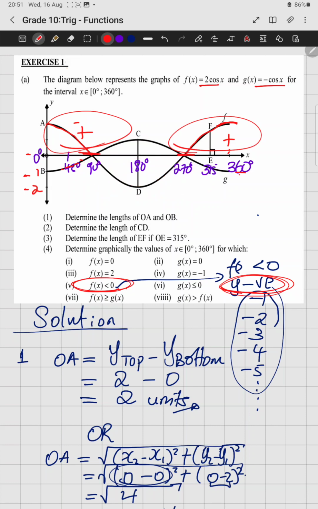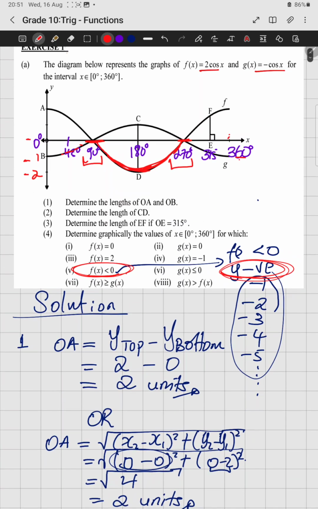So when we write the answer, we're going to say the graph started to be negative from 90 up to 270, and then all the way down. So y is less than 0 between 90 and 270.